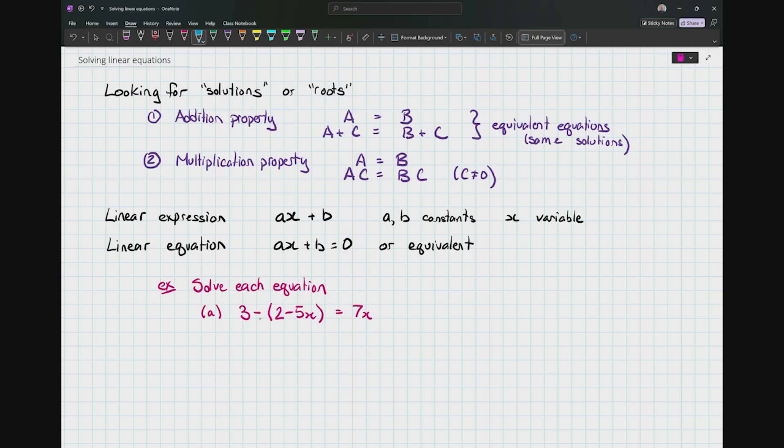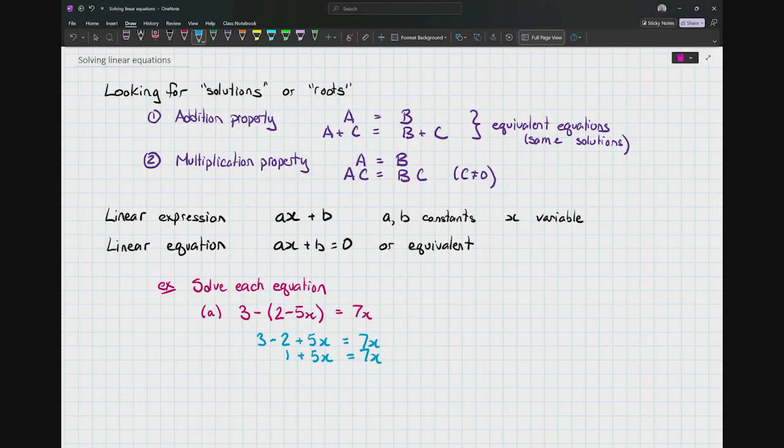We're going to start off by distributing this negative sign using the distributive property. That gives us a minus 2, and when we distribute a negative onto minus 5x, we're going to add 5x instead. And really, we're just simplifying so far. We haven't used any equation properties. 3 minus 2 can be simplified to 1 plus 5x, and that's equal to 7x.